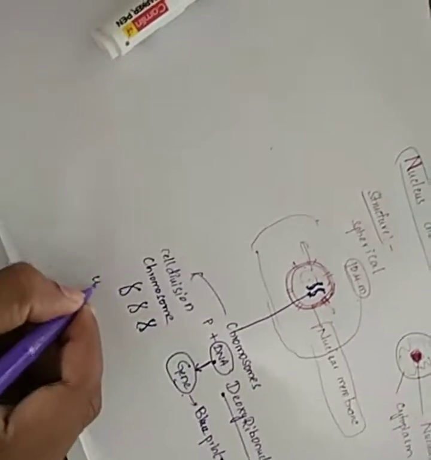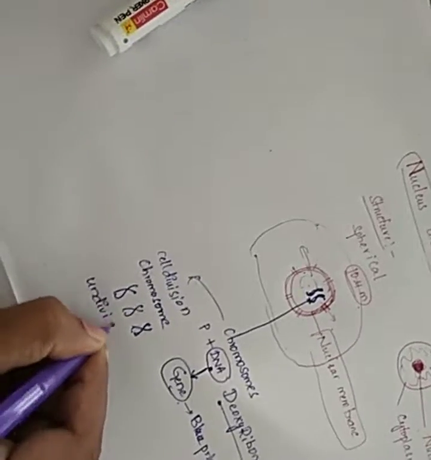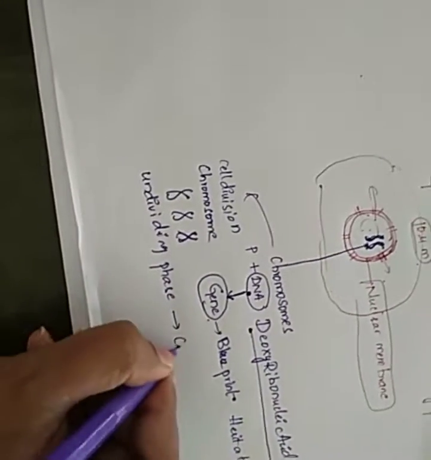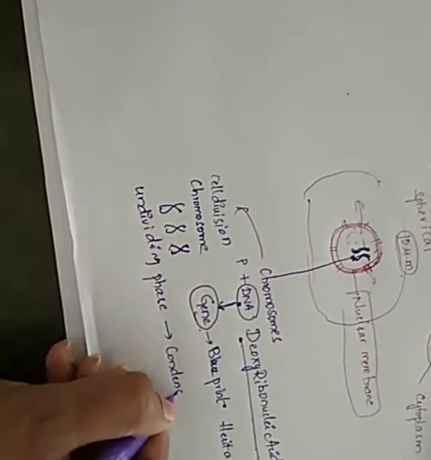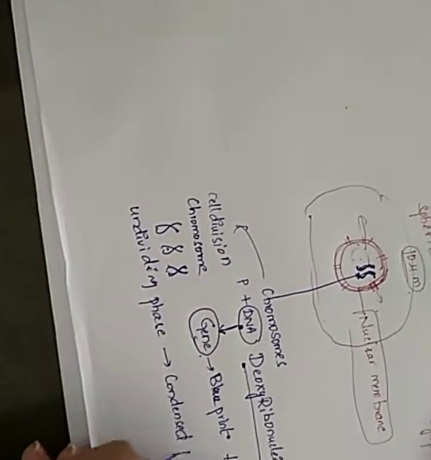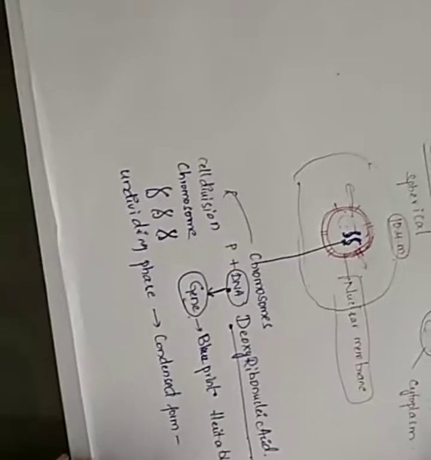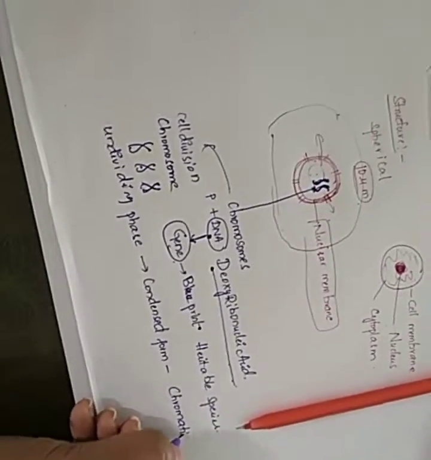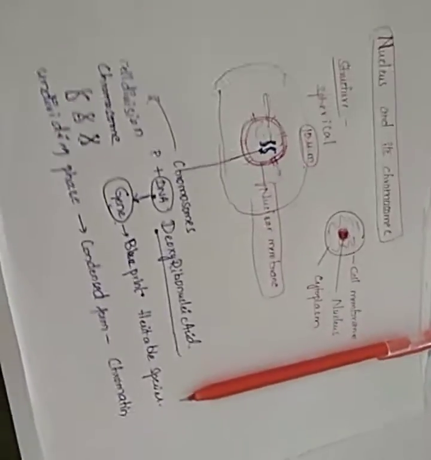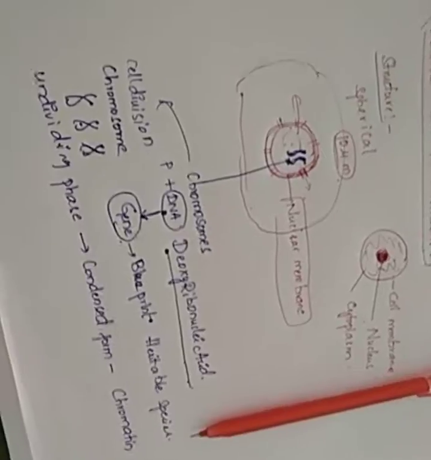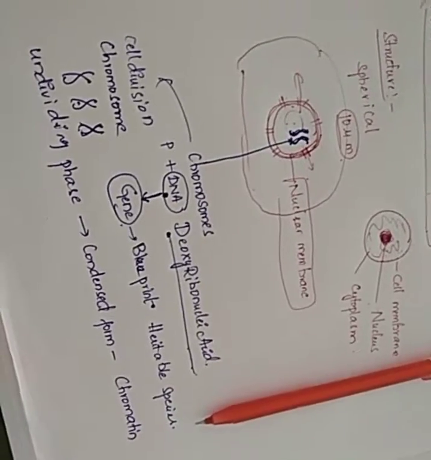But during the non-dividing phase, they appear as a condensed material. This chromosomal material appears in a condensed form called chromatin.